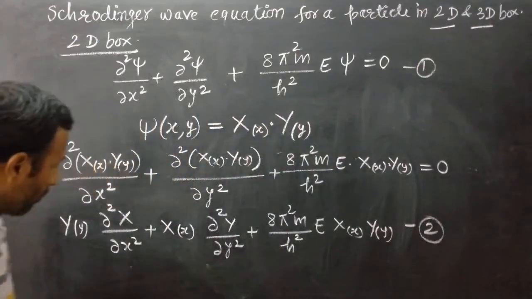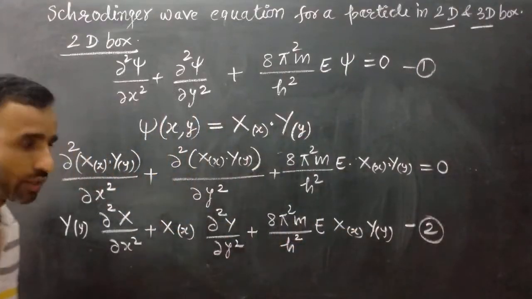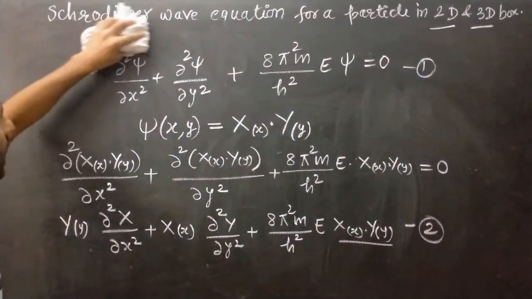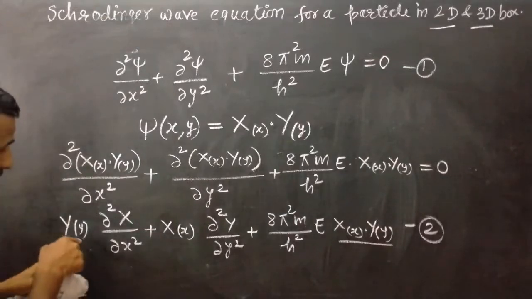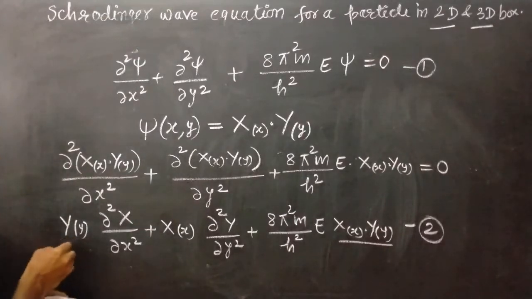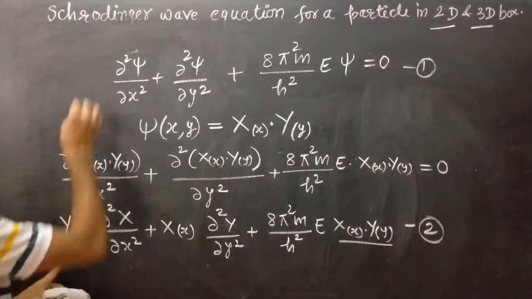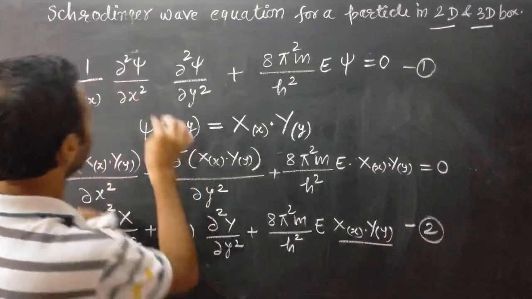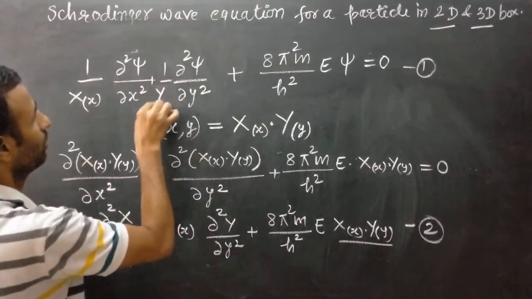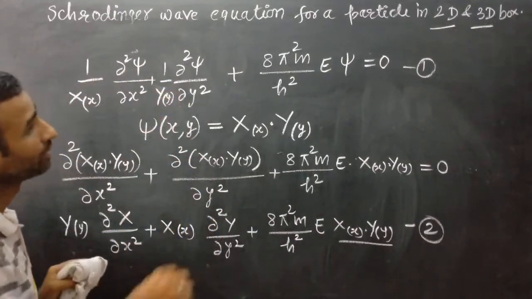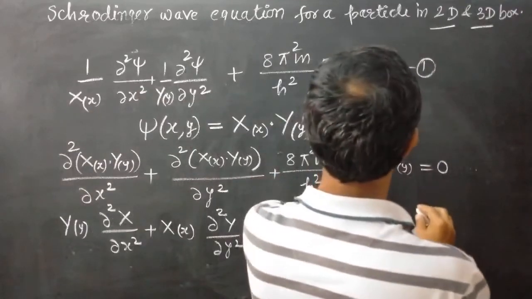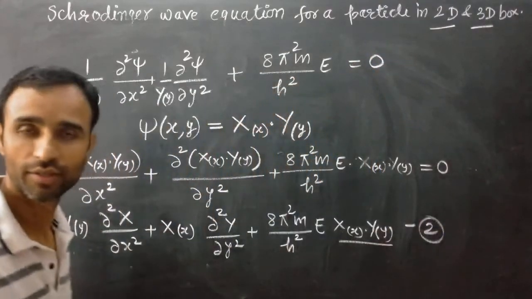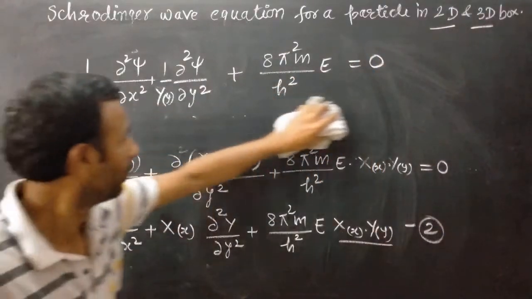Now divide the whole equation by X into Y. When we divide it, Y cancels in the first term, so it is 1 upon X, and in the second term X cancels, so it is 1 upon Y, and X into Y is cancelled in the last term. So this equation becomes, right? Got it?